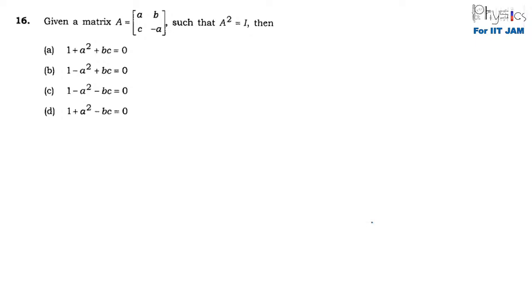Given a matrix A equal to [a, b; c, minus a] such that A square equals I, that is the identity matrix, then option A, 1 plus a square plus bc equals 0; option B, 1 minus a square plus bc equals 0; option C, 1 minus a square minus bc equals 0; option D, 1 plus a square minus bc equals 0.